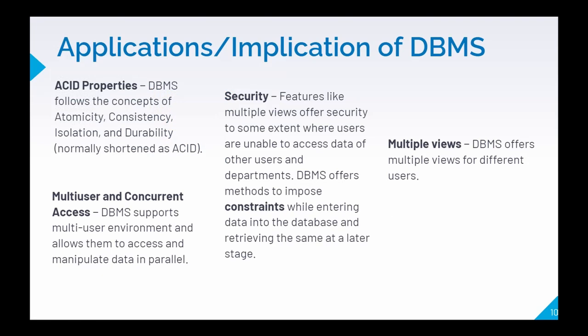Moving on, we have now the applications or implications of DBMS. These are the characteristics or properties. We have ACID properties: atomicity, consistency, isolation, and durability. Normally shortened as ACID. DBMS follows the concept of ACID. Atomicity: this property states that a transaction must be treated as an atomic unit, that is, either all of its operations are executed or none.